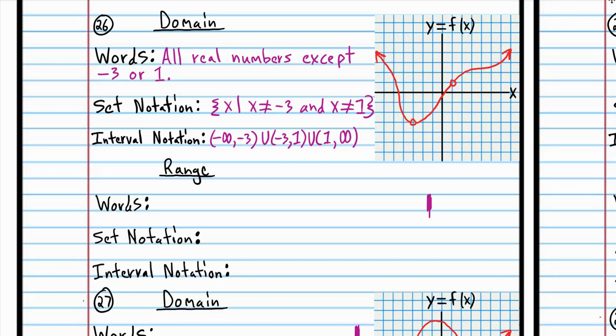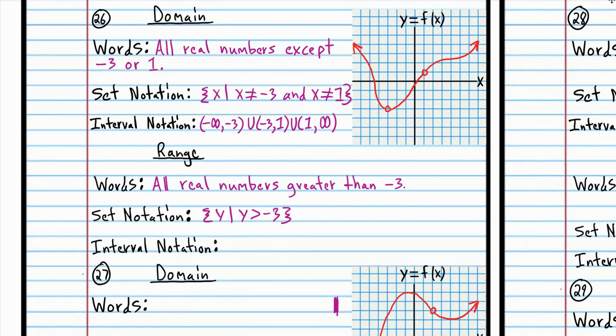So -3 is not part of the range, but any number bigger than -3 is part of the range, because again, the range is the y values of those points. So the range is all real numbers greater than -3. The set of all y values such that y is greater than -3. In interval notation, we write parenthesis -3, comma positive infinity, parenthesis.